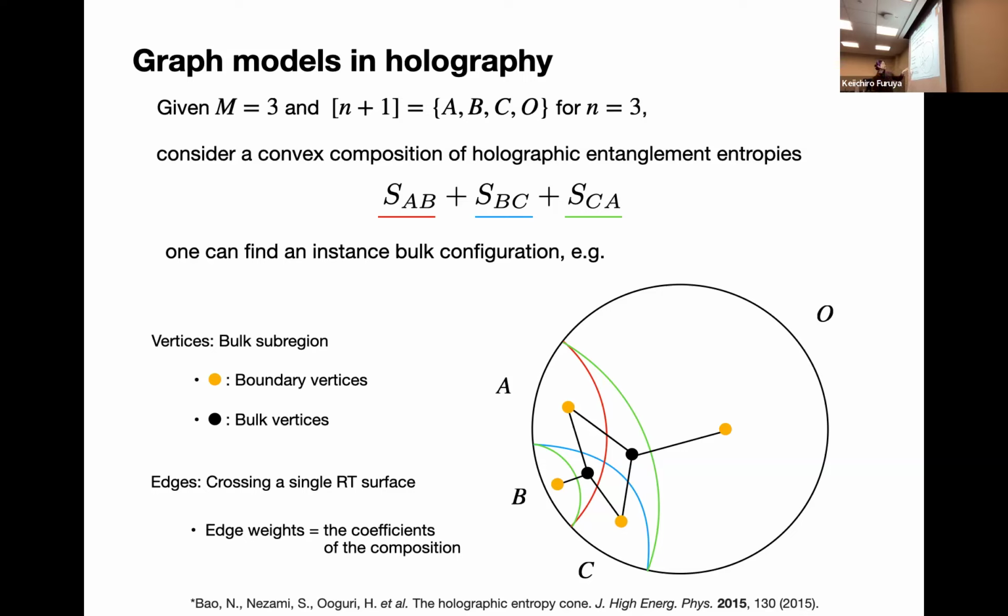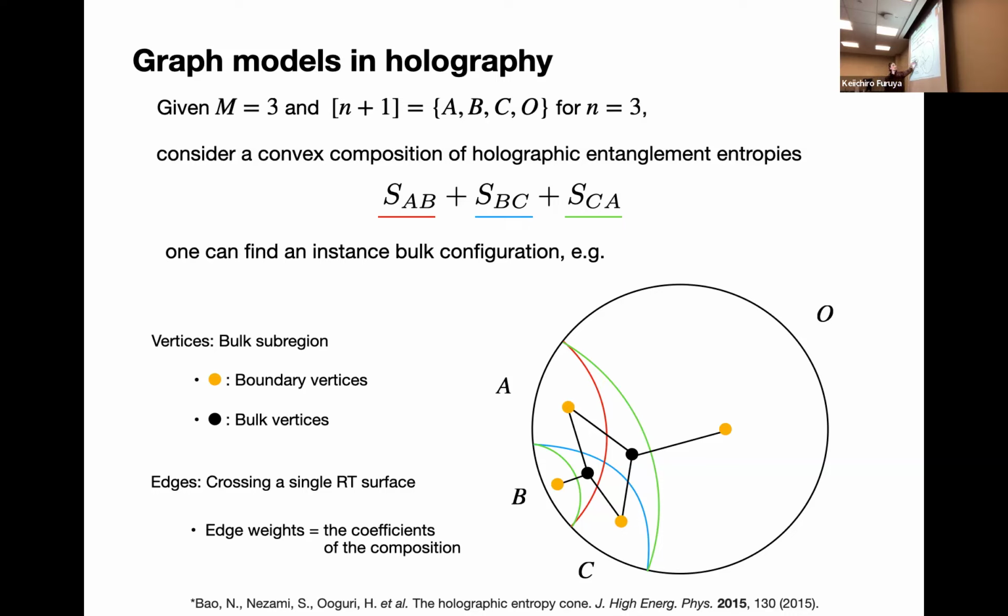For each bulk subregion, you put a single vertex. Given n and the convex composition, this set of vertices has two subsets: one is the set of boundary vertices, the other is bulk vertices.